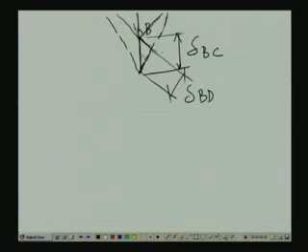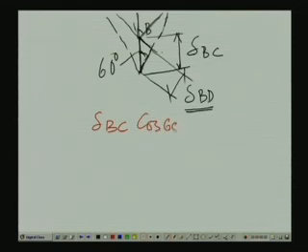Since the deformation is small, we still call this angle 60 degrees. Hence, delta BC cosine 60 degrees is equal to delta BD.